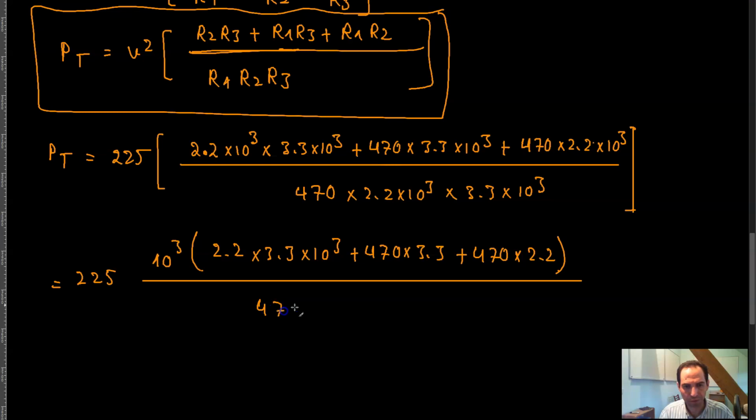So 470 times 2.2 into 10 raised to the power 3 into 3.3 into 10 raised to the power 3, and then you can cancel these two out, for example.